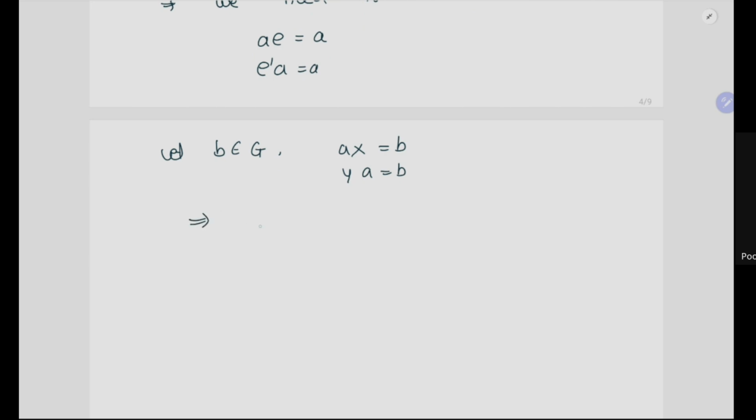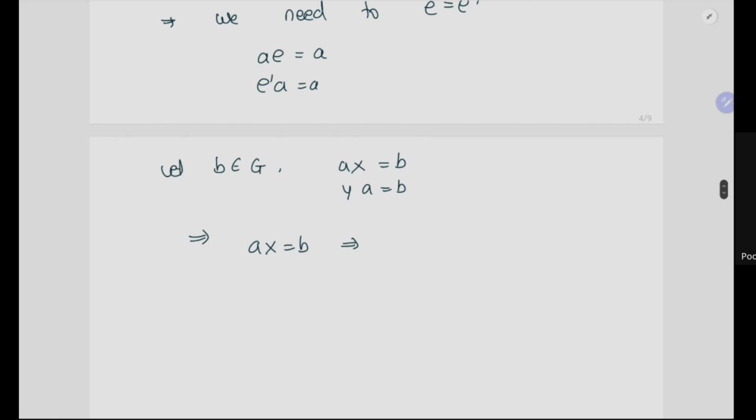Then from this, what we have, AX is equal to B. What will this imply? Can somebody tell me? X equals A inverse B. Now let us call this 1 and 2. Then what we can have, E dash into this AX is equal to B, right? Then what will this give us?